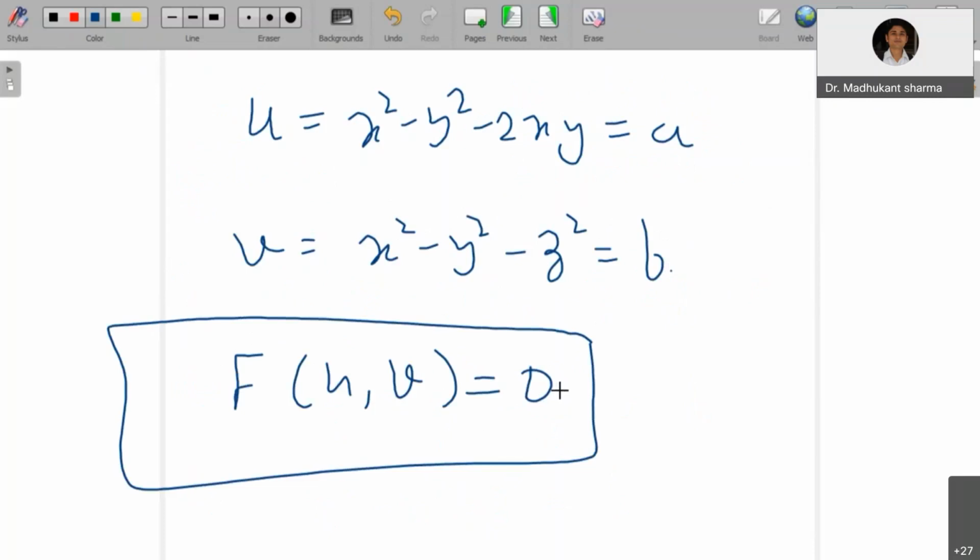There may be a chance that you may also find a different family for forming the solution. Note that these two should not be scalar multiples of each other; u and v should not be related, they should be independent. That can be easily found when you have more than two variables.